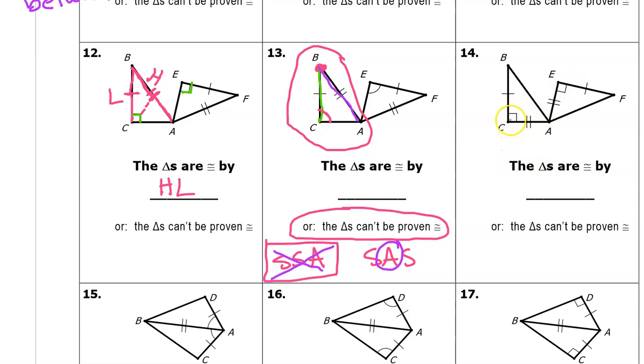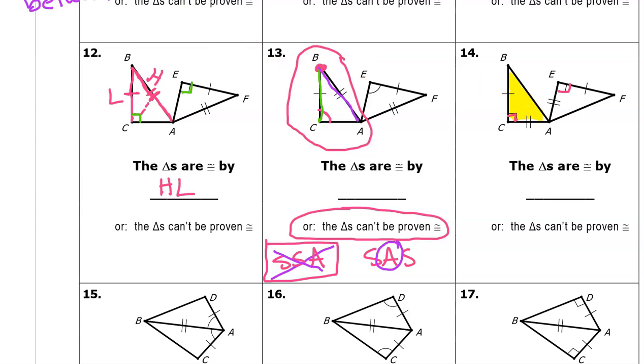Okay, how about number 14? I'm noticing that these triangles are right angles. They're right triangles. So does that automatically mean it's going to be hypotenuse leg? Well, not so fast. Let's stop and ask ourselves, do we have a hypotenuse and a leg marked congruent? So I'm going to focus on just one triangle at a time. So I'm going to focus on this triangle for now.